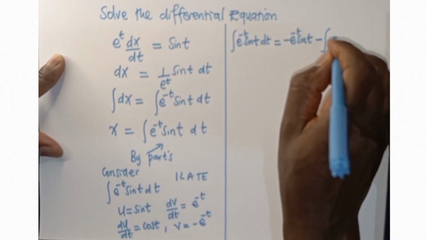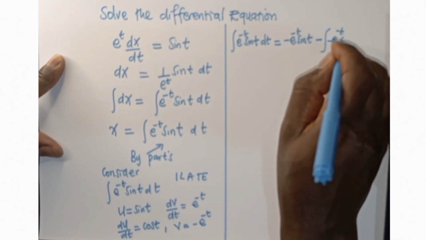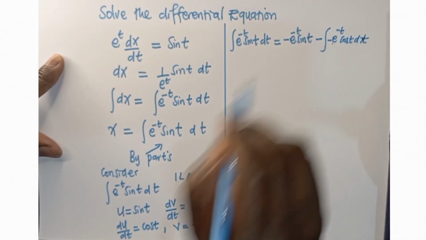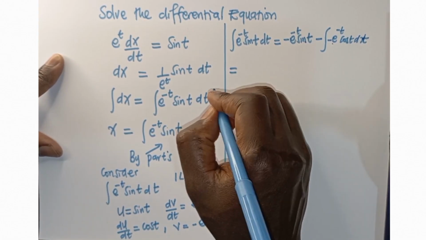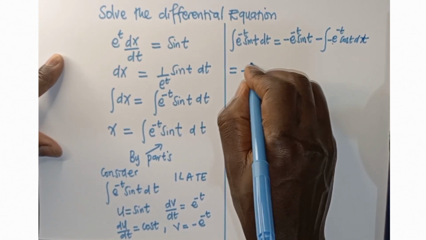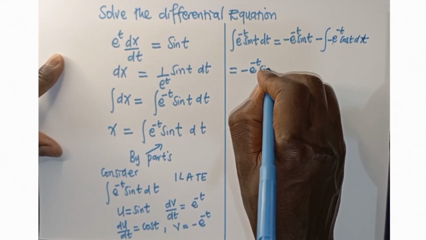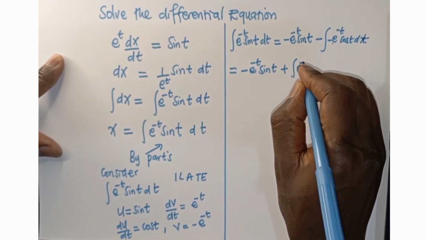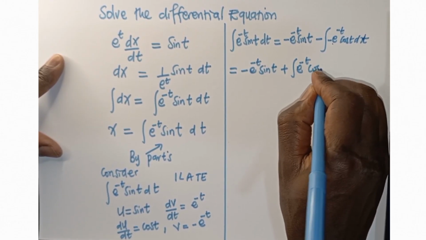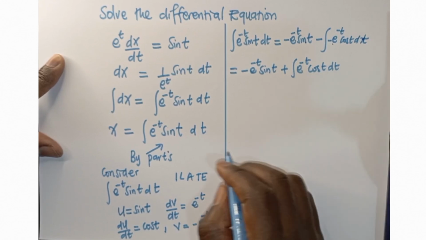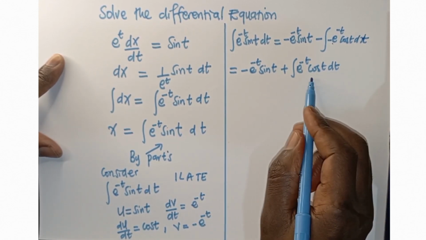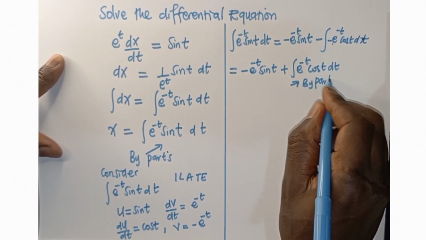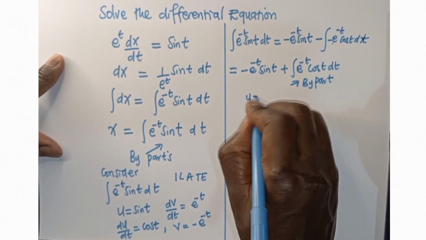So we shall have negative e to the negative t, then cos t dt. So it has to be dt. So simplification. We have negative e to the negative t, this is simplifying, plus the integral of e to the negative t cos t dt. But remember, the integral of that one goes for integration by parts. The integral of e to the negative t cos t goes for by parts.